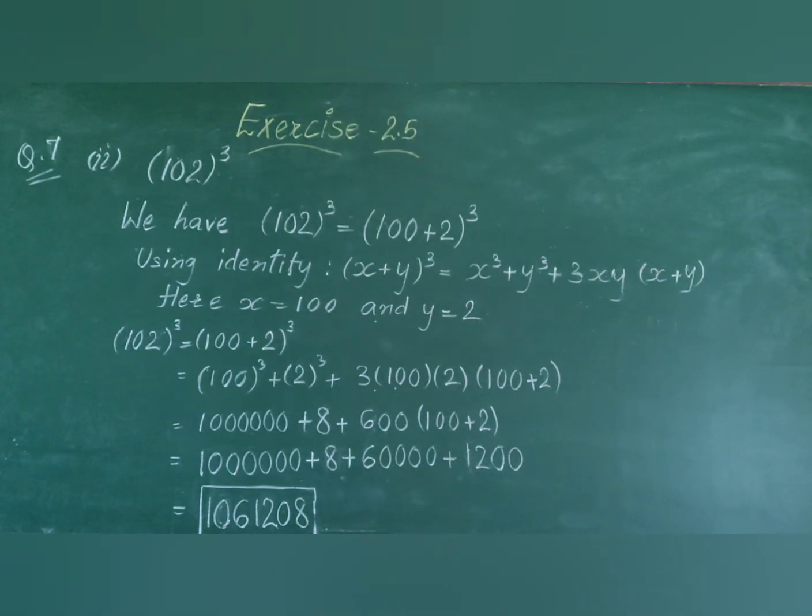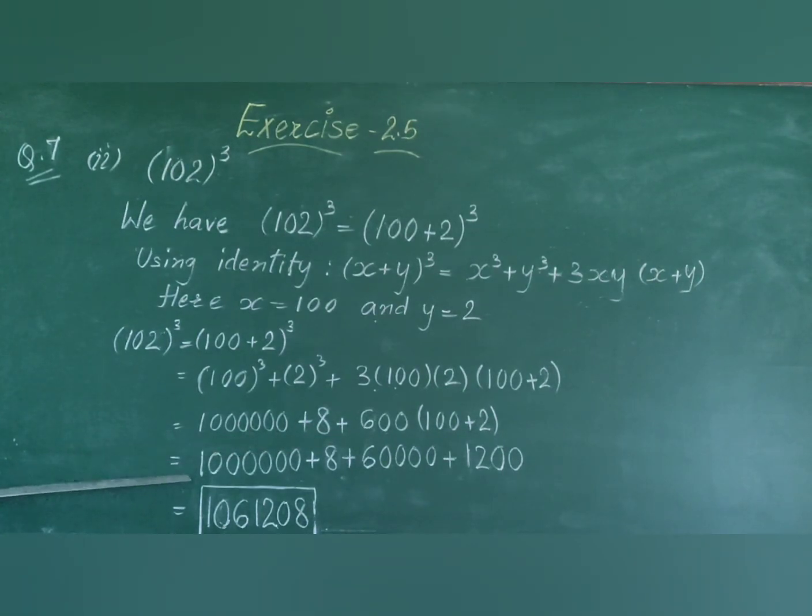That is equal to cube of 100 is 10 lakh plus cube of 2 is 8 plus first we multiply 3 by 2 and then by 100, so we get 3 2s are 6 into 100, that is 600 into (100 plus 2).